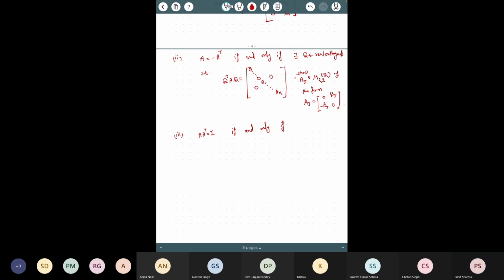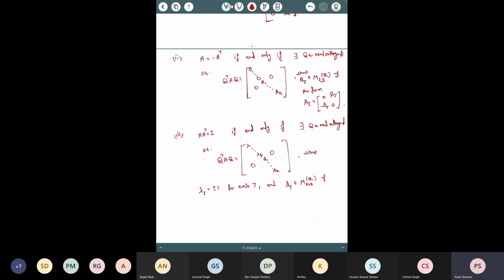So what I'm writing here: A is orthogonal if and only if there exists Q, the same way, real orthogonal, such that Q transpose AQ is equal to the block diagonal matrix with lambda 1 to lambda p and A1 to Ak, where these lambda j's are either plus 1 or minus 1 for each j, and Aj is a 2 cross 2 matrix corresponding to the complex eigenvalues, but the eigenvalues are only of unit modulus.